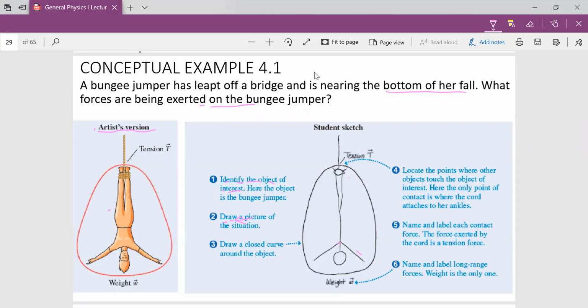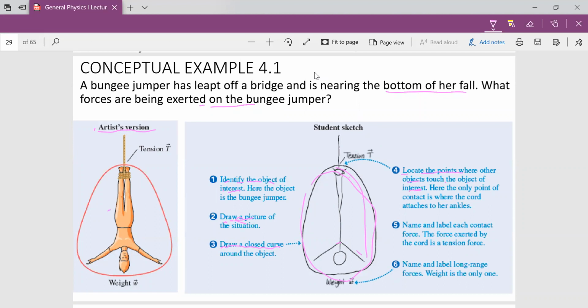Then we drew a circle around the object of interest. Okay, that's this circle. So the next step, that is step 4, is to locate the point where the other object touches the object of interest.